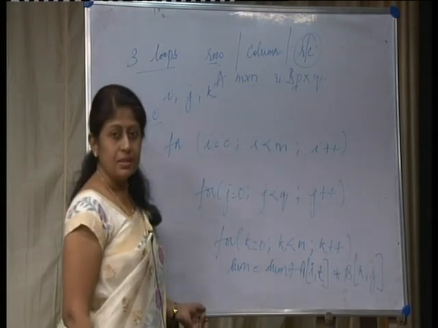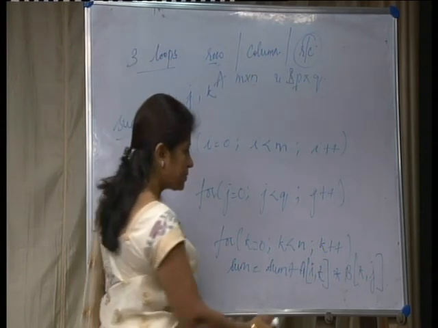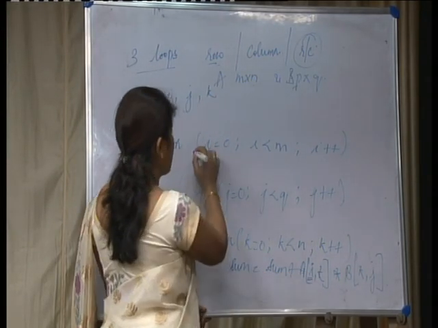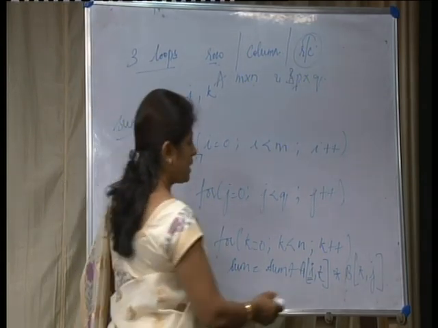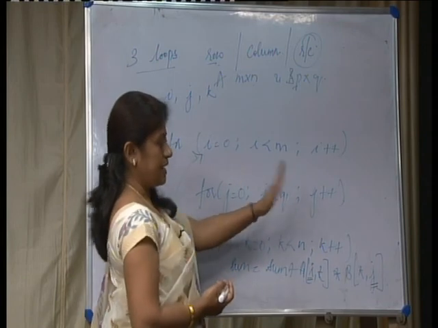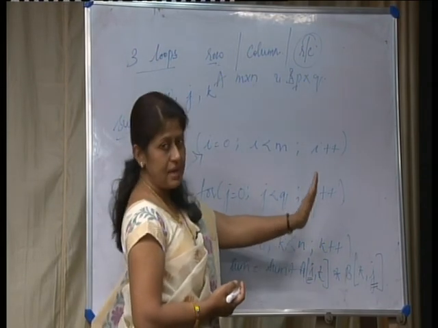k comma j. So here you see the row remains the same because i is an outer loop over here, and j remains the same until the second matrix's columns are exhausted.